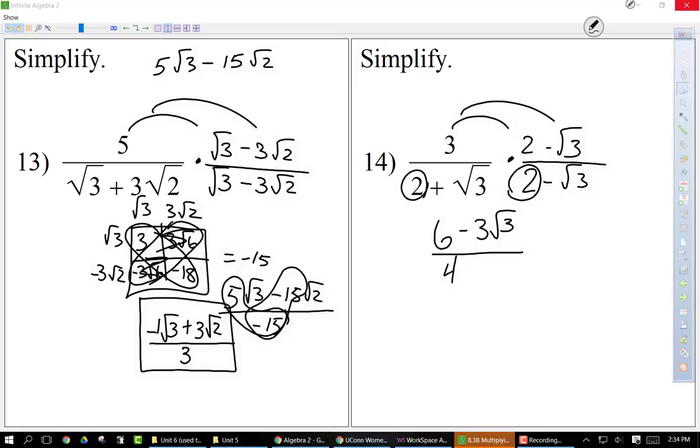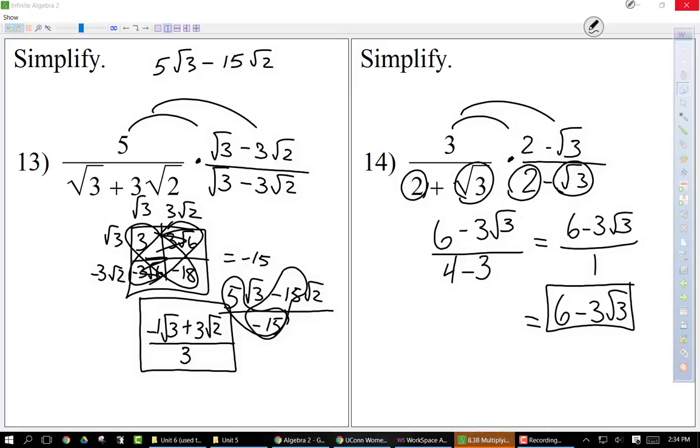That's 4 minus, and what's root 3 times root 3? That's 3, so that's a 1. So 6 minus 3 root 3 over 1 is 6 minus 3 root 3. That's our final answer there. If you write the 1 underneath, you're not right because it can be simplified. So this is your right answer right there in the box.